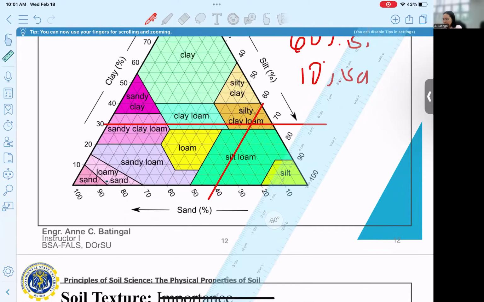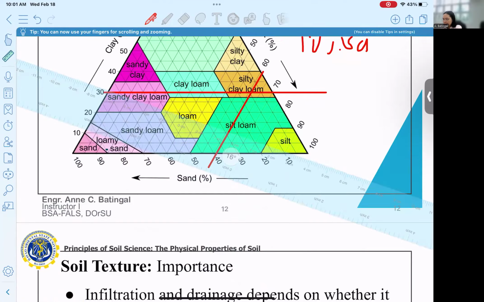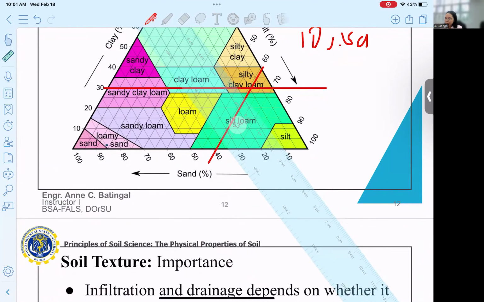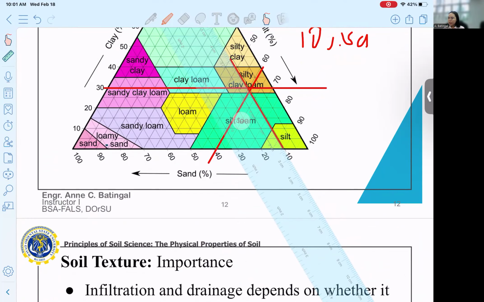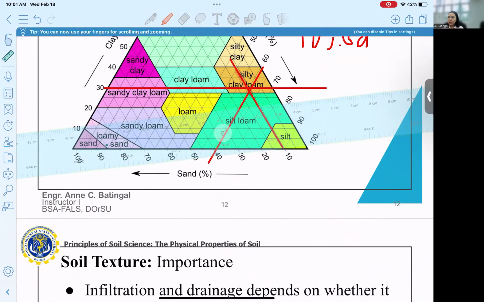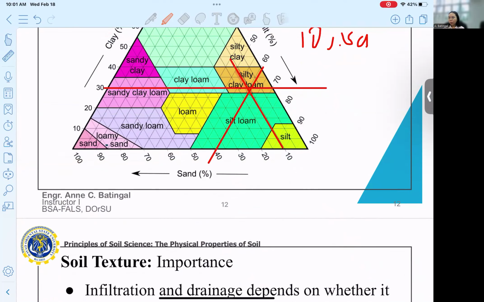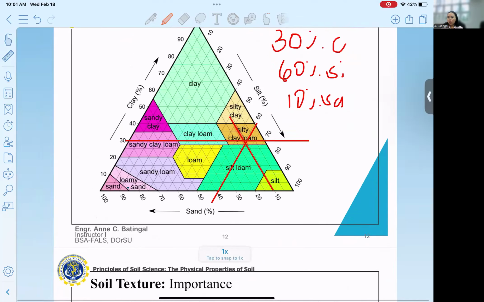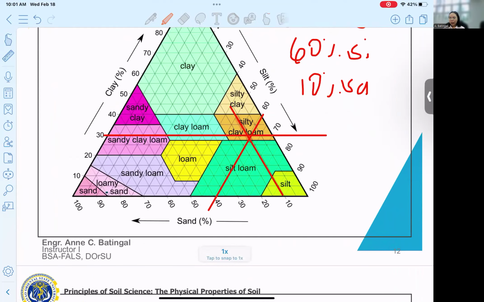So where do they meet? They meet at silty clay loam. Therefore, your soil texture is silty clay loam. Silty clay loam is different from silty clay, silt loam, or loam. So, that's how you use your soil texture triangle.